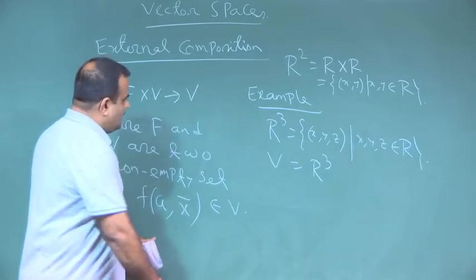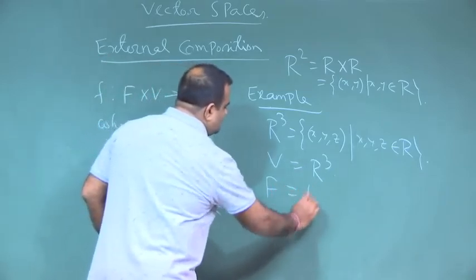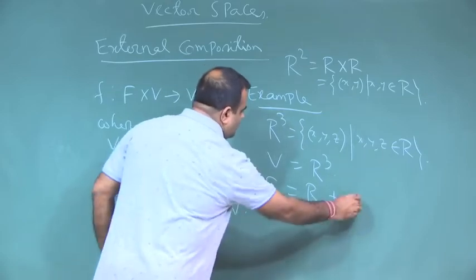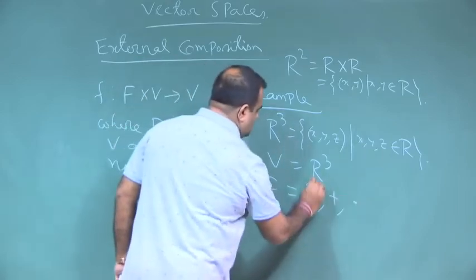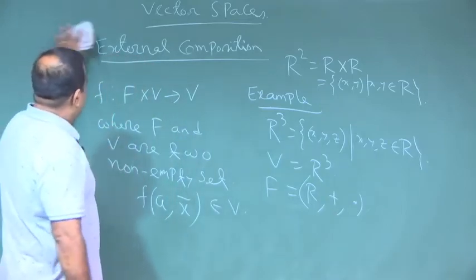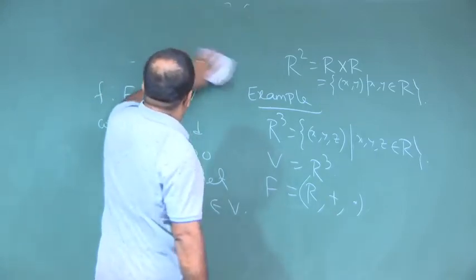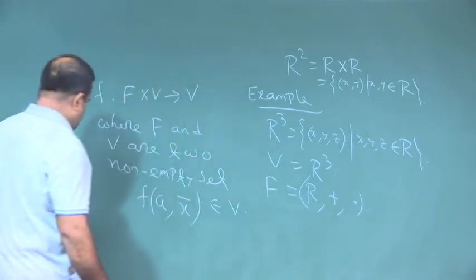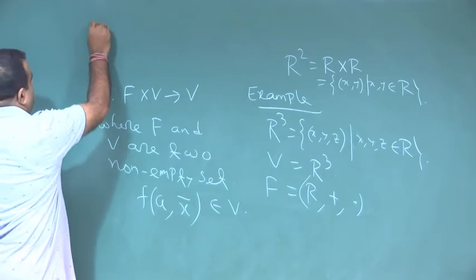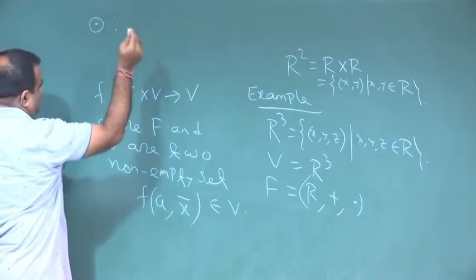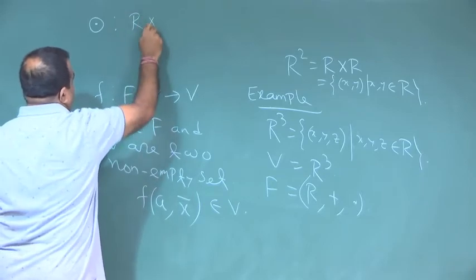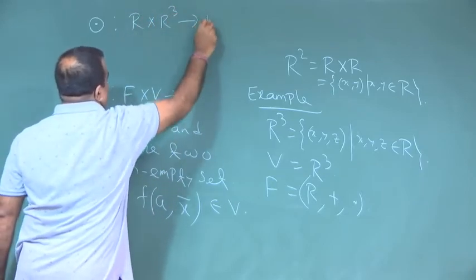Now, if we take f to be just the real numbers, on real numbers we have this operation. Now, we define the multiplication operation, which we can denote by R cross R 3 to R 3.